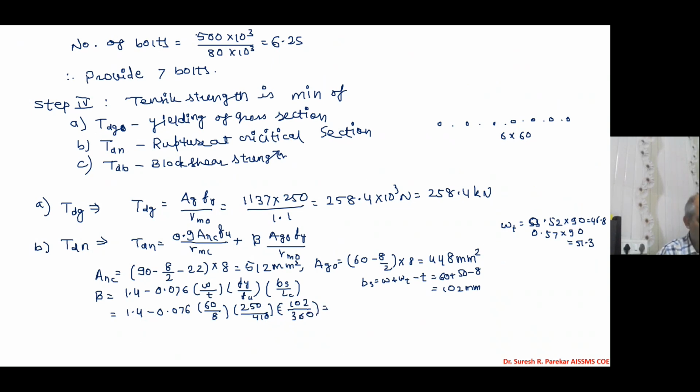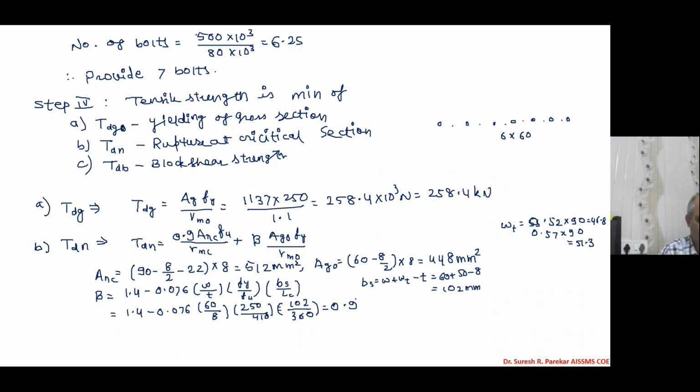And then we will get this value: 0.076 into 60 by 8 into 250 divided by 410 into 102 divided by 360. 1 minus answer, it comes 0.9.